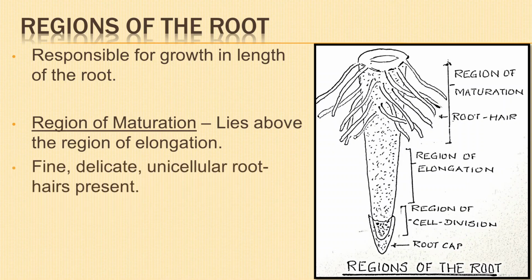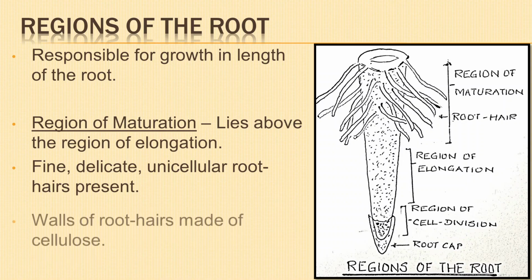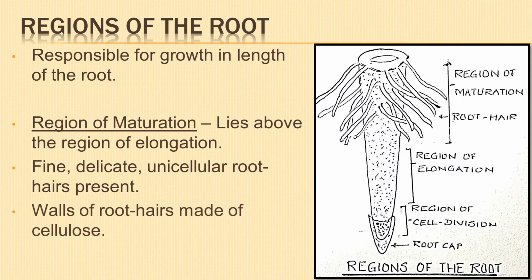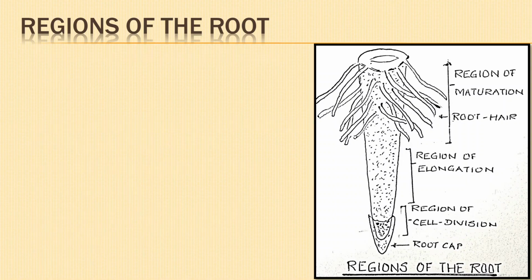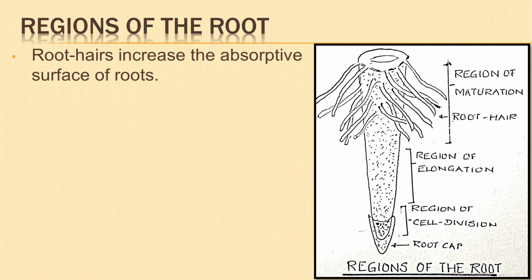Some of the epidermal cells produce a cluster of fine, delicate, unicellular, thread-like structures known as root hairs. They have very thin walls made of cellulose. The root hairs increase the absorptive surface of roots during the growth period of the plant.